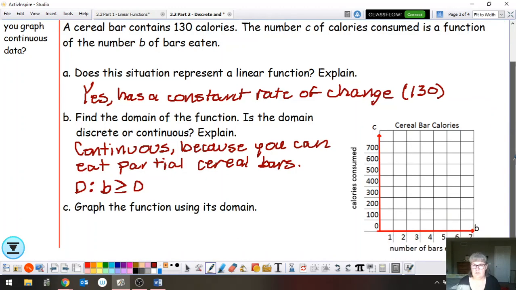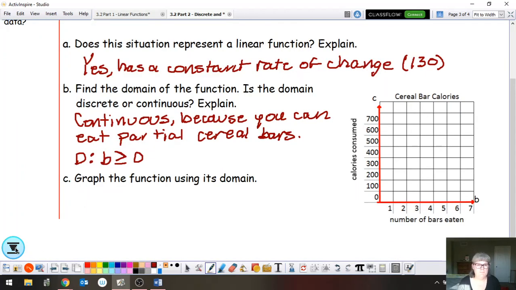Again, we can just create a bit of an input-output table. I'm just going to go ahead and use 3 input values. And we know that it's 130 calories for each cereal bar.